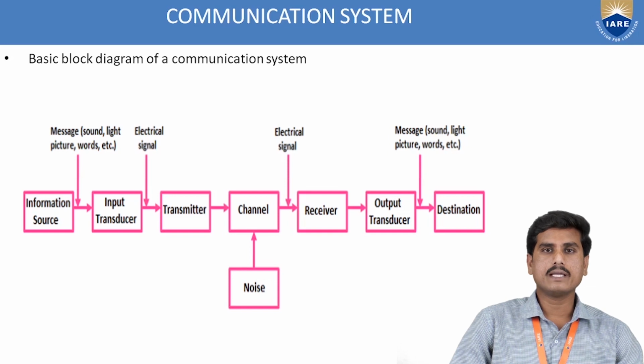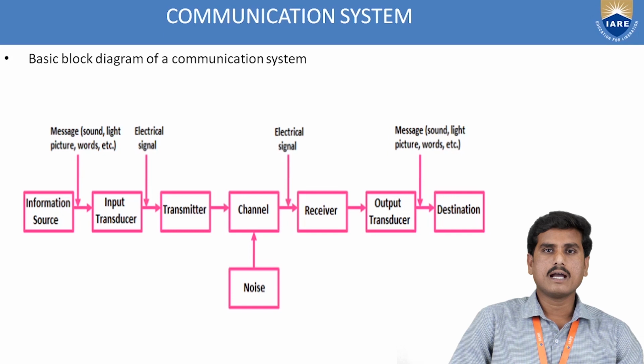All these things that can be transmitted come under the information source. The next one is the transducer. The transducer is a device which converts any type of energy into electrical format, because our communication system is suitable to transmit electrical signals only.